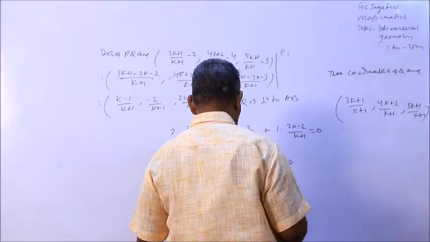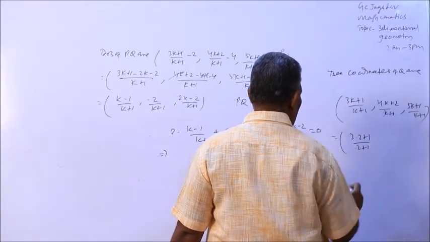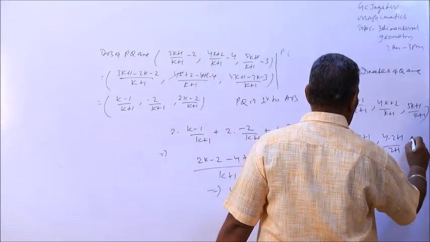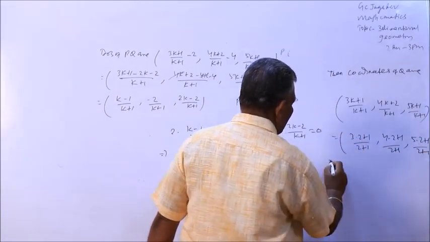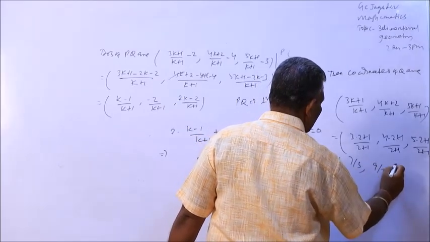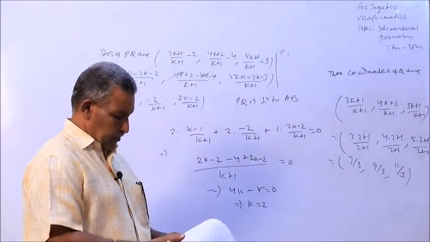Now you can put the value 2 in k: (3 into 2 plus 1) by (2 plus 1), (4 into 2 plus 1) by (2 plus 1), (5 into 2 plus 1) by (2 plus 1). That is 7 by 3, 9 by 3, 11 by 3. So like this you can find the coordinates of Q.